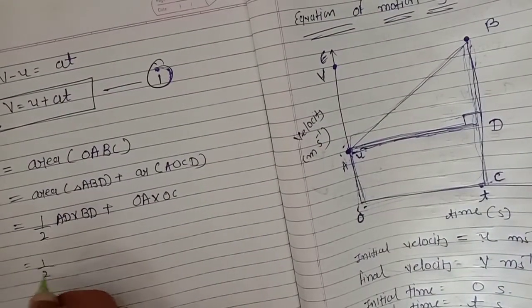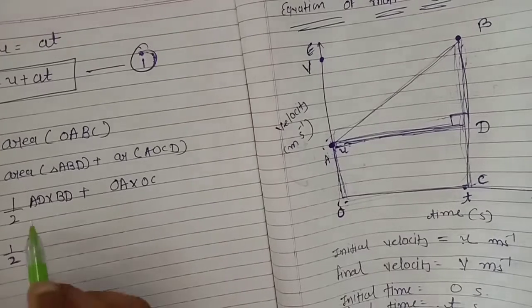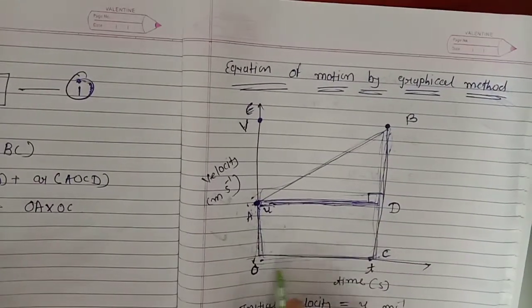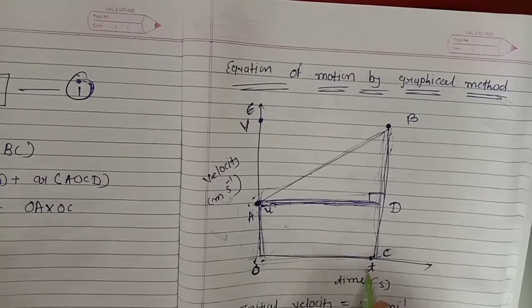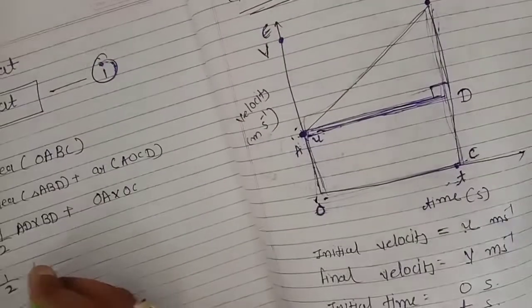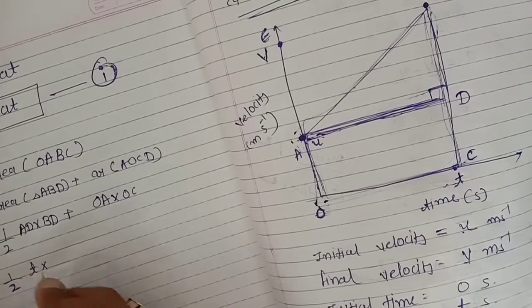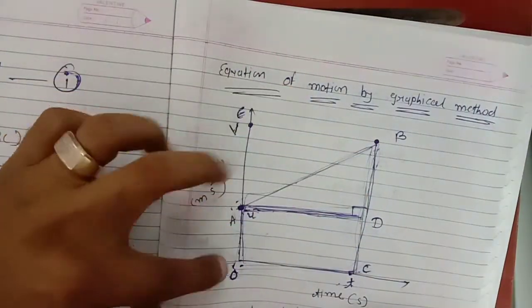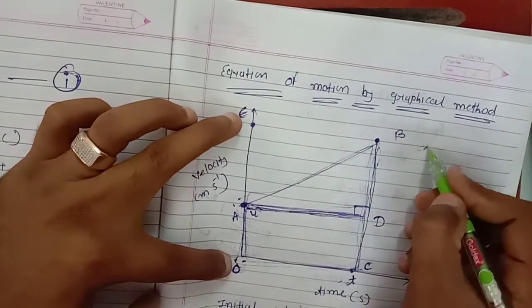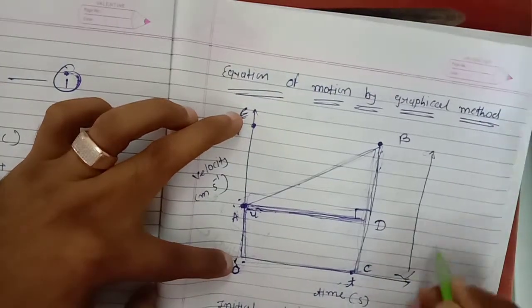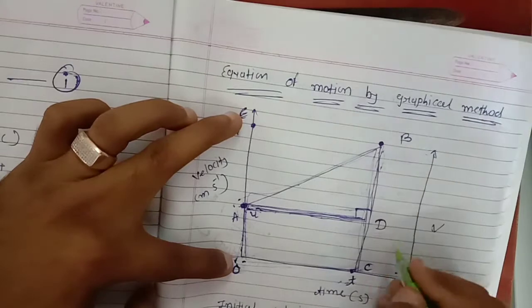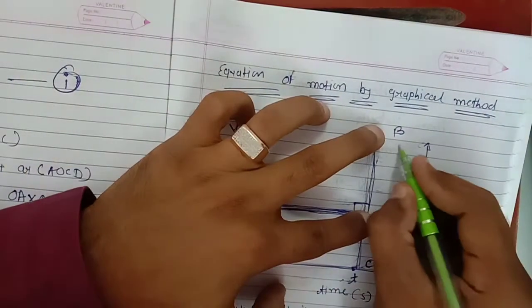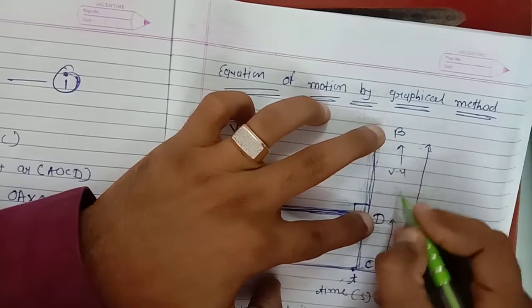Now put the value of AD. AD is parallel to OC, and OC is t, into BD. BD means this one is V and this one is u, so BD is V minus u.